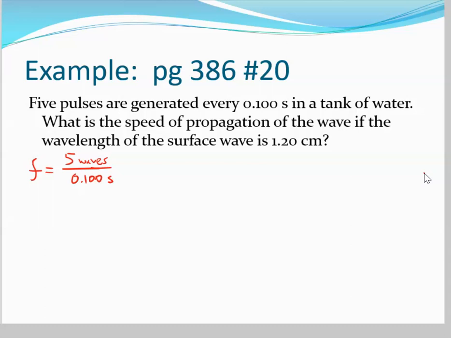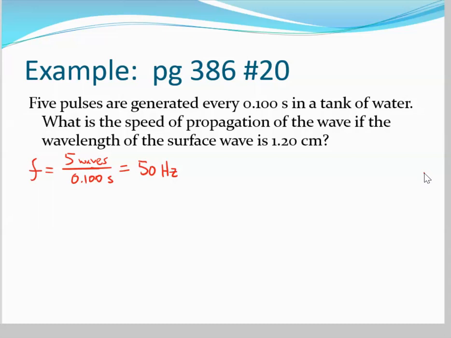Okay, but since frequency is in our formula, let's just stick with this. So then we would say if 5 waves takes 0.1 seconds, then, oh, I could have done this in my head, sorry. Then I can get 50 waves in 1 full second, okay?